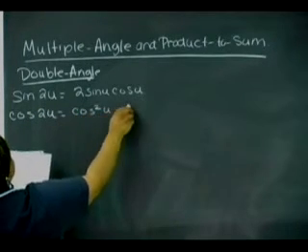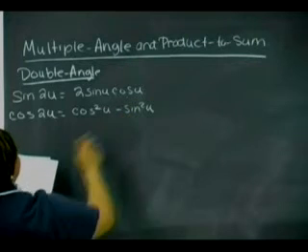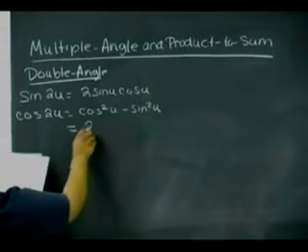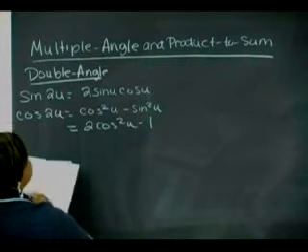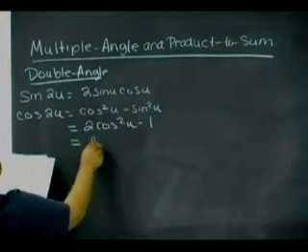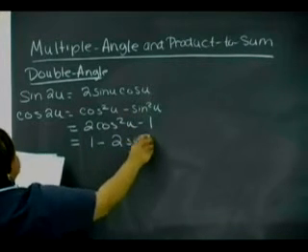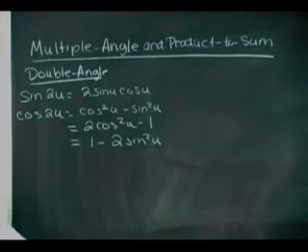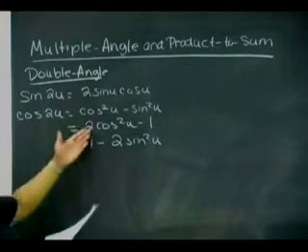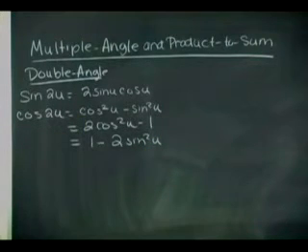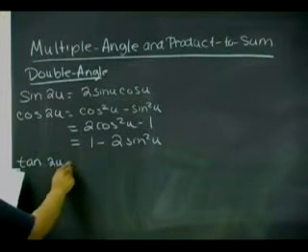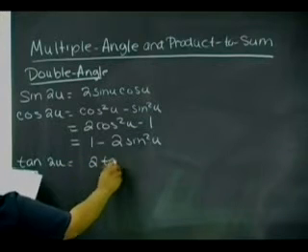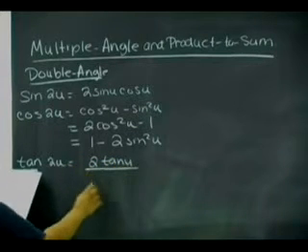Cosine squared u minus sine squared u is also equivalent to 2 cosine squared u minus 1. And it's also equivalent to 1 minus 2 sine squared u. So you can use either of the three to break it down to a single quantity that we want to evaluate cosine for. And tangent of 2u is 2 tangent u over 1 minus tangent squared u.